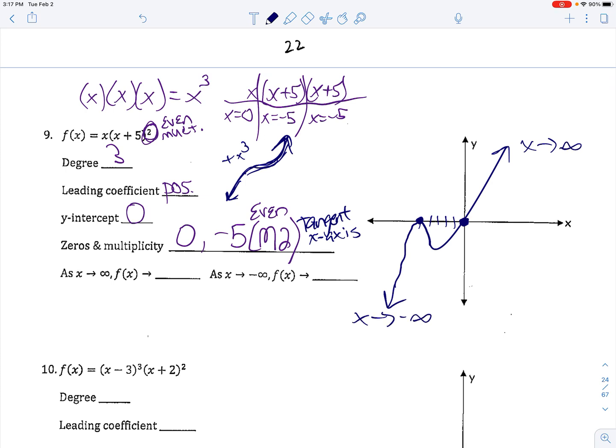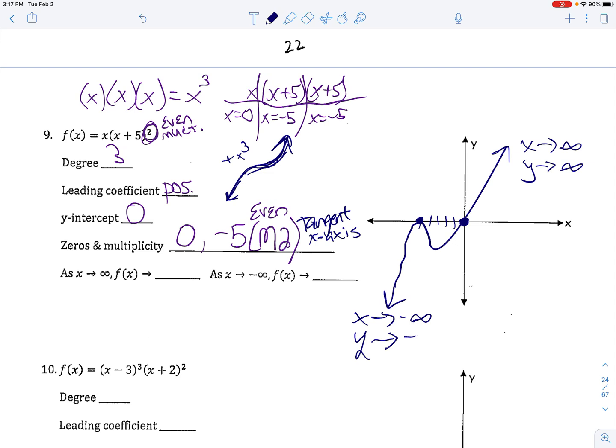All right, now we got to answer the end behavior. This is x going to infinity over here. This is x going to -infinity. What's happening to the y values? As x goes to infinity here, the y is getting bigger as well. The y is going to infinity.